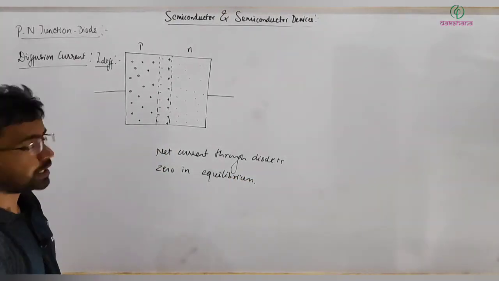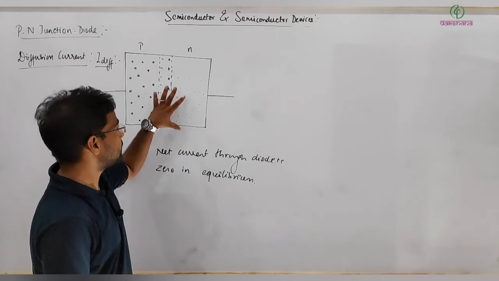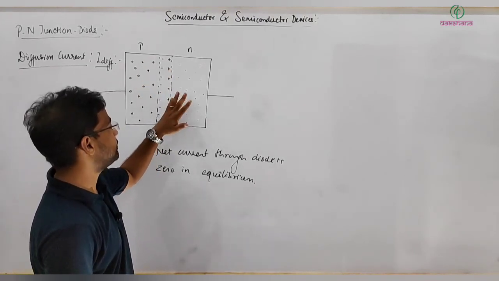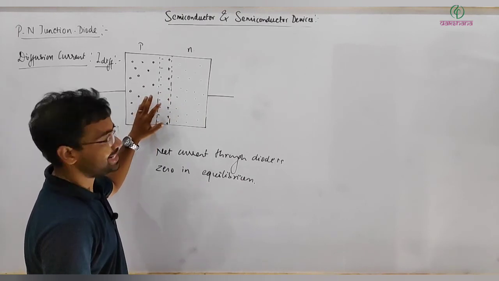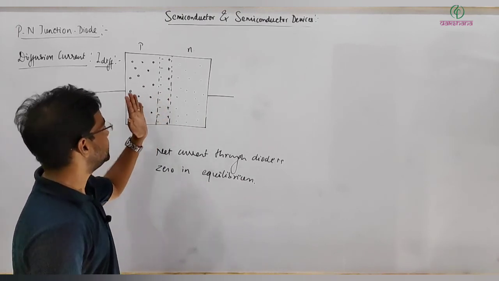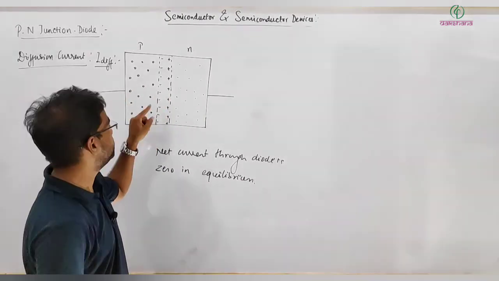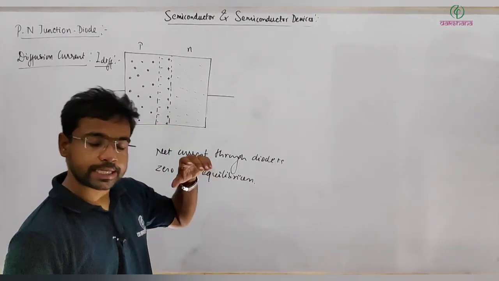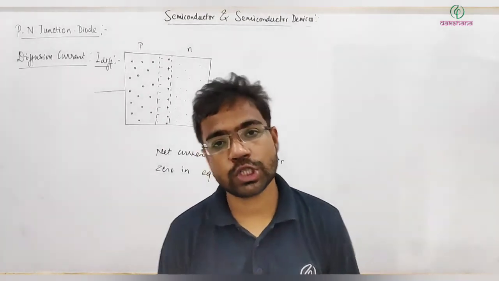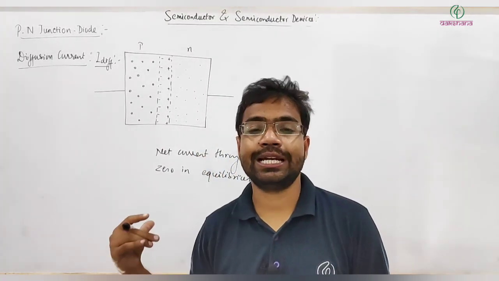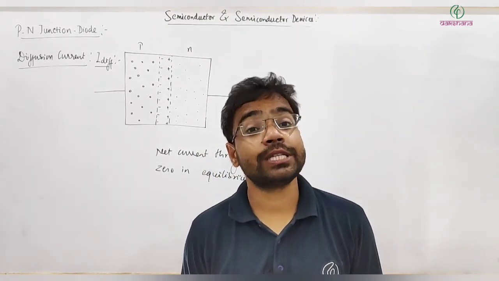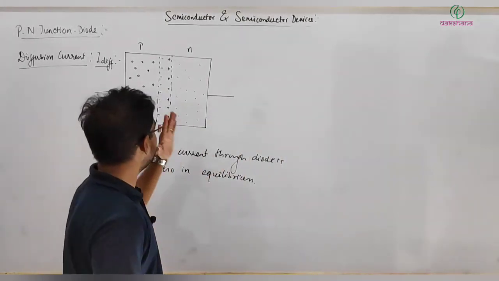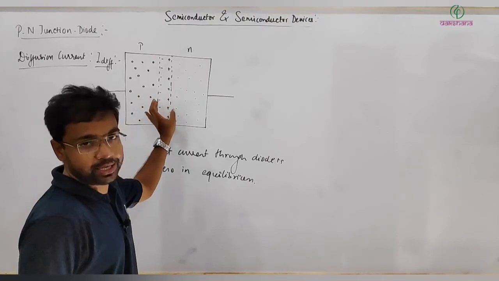But what is diffusion current? Here, as I told, after some time this potential barrier opposes the movement of electrons from N side to P side. Similarly, this potential barrier also opposes the movement of holes from P side to N side. But there are a few holes on the P side and a few electrons on the N side which have high kinetic energy, and they are able to cross even that barrier.